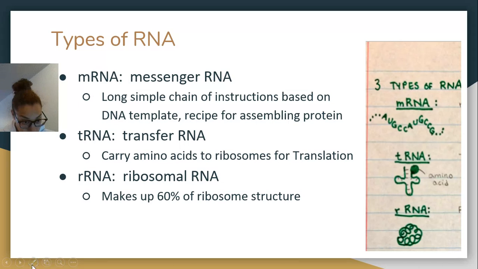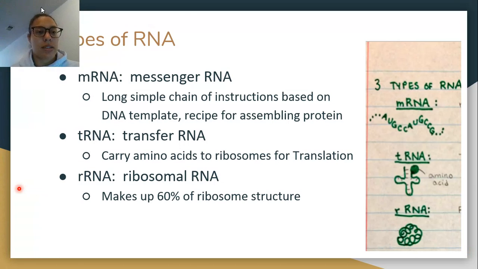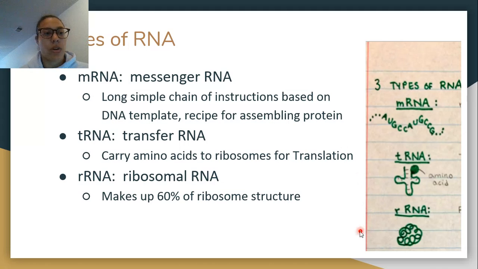Here's my tRNA with its shape, right? And that's going to be transferring amino acids in order to build the polypeptide sequences. And then our last one is going to be rRNA, which is ribosomal RNA, which is going to make up the ribosome units that we see during translation. So there's some visuals for you as we're working through.